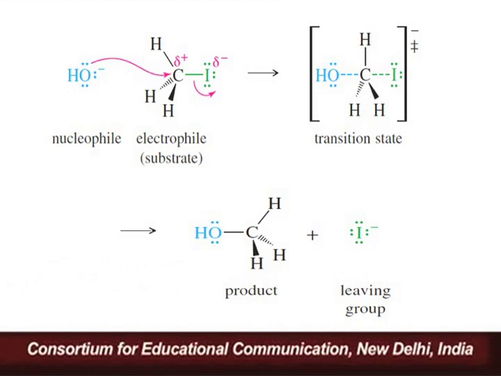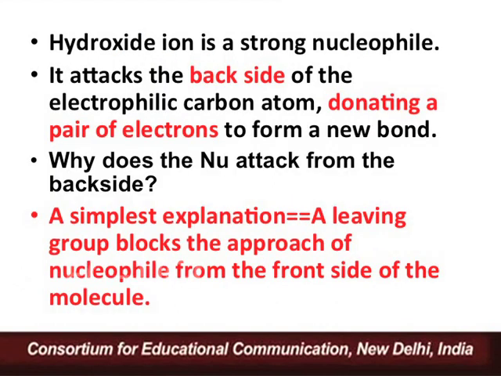So if we summarize this, we can say hydroxide ion is a strong nucleophile and it attacks the electrophilic carbon from the backside, donating a pair of electrons to form a new bond. Now the question arises, why does the nucleophile attack only from the backside?